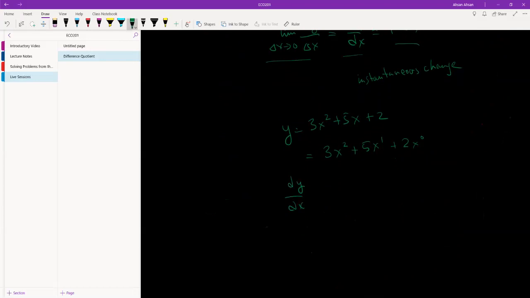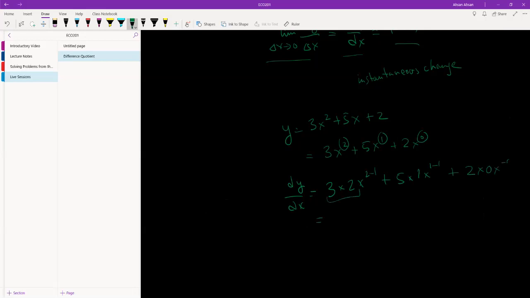So dy dx is going to give you 3 here, multiplied by this power 2, x to the power 2 minus 1, plus 5 multiplied by this power 1, x to the power 1 minus 1, plus 2 and then this power times 0, x to the power minus 1.